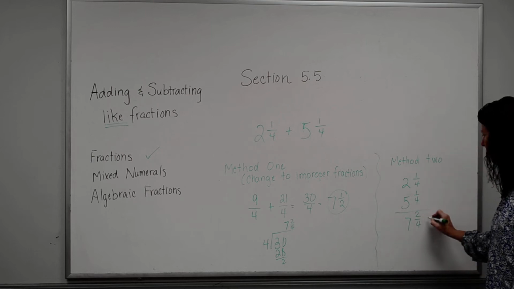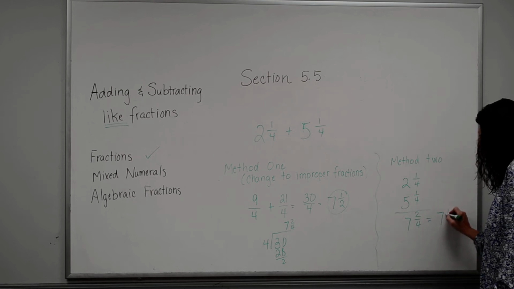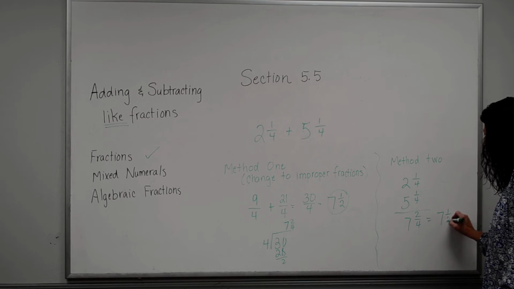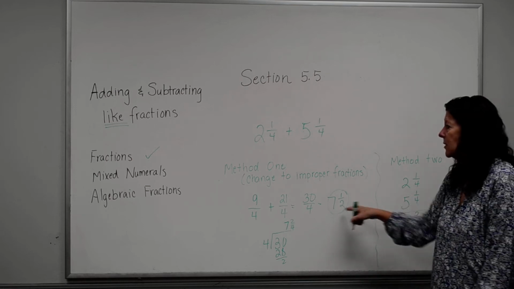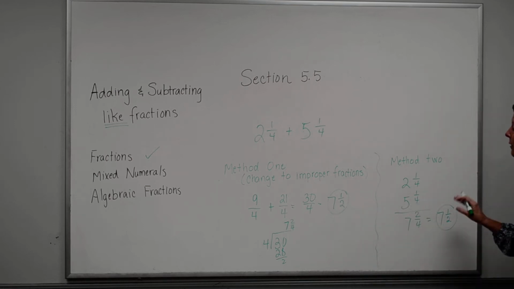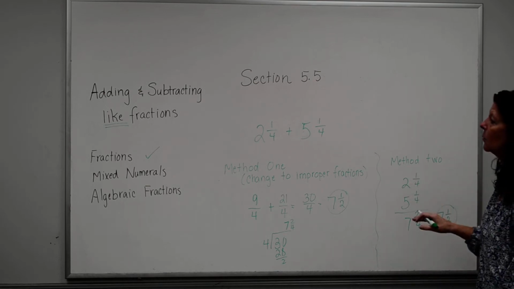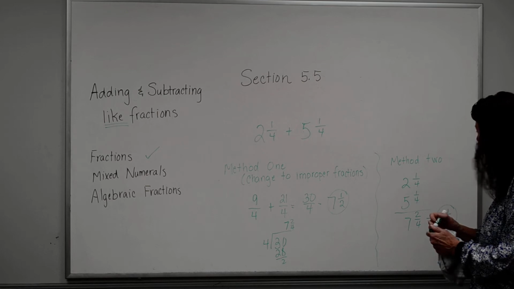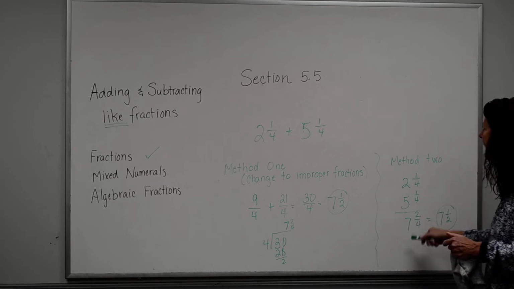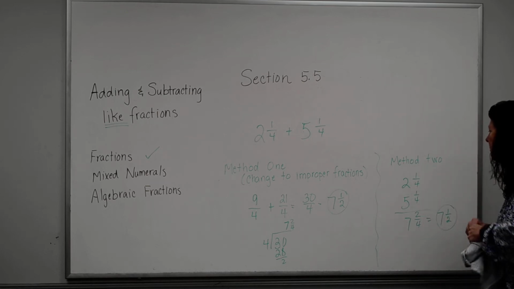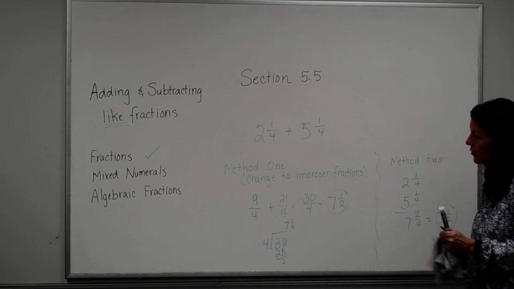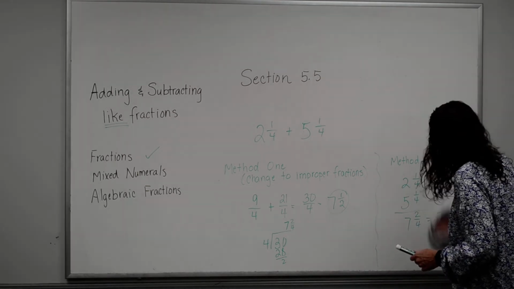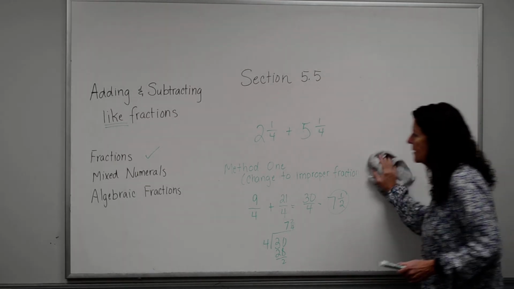I just have to reduce 2/4 down by dividing the top and the bottom by 2, and I get the same answer. So it really does not matter which way you want to do it. You do it however makes the most sense to you. This way can get complicated. That way you get bigger numbers. So it just depends on you.